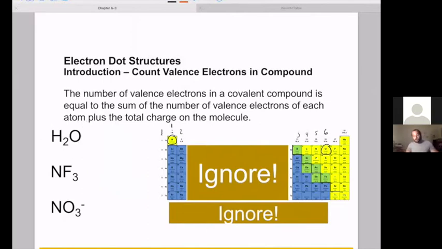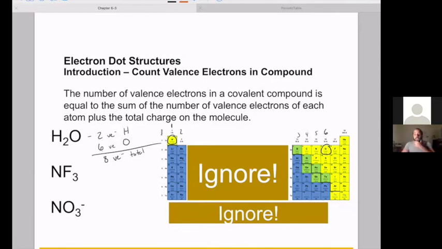Given H2O, we can figure out that that's 2 valence electrons from hydrogen and 6 valence electrons from oxygen. Again, it's 2 valence electrons from hydrogen because hydrogen's got 1, but there's 2 hydrogens in that molecule. So that brings us to a total of 8 valence electrons total.